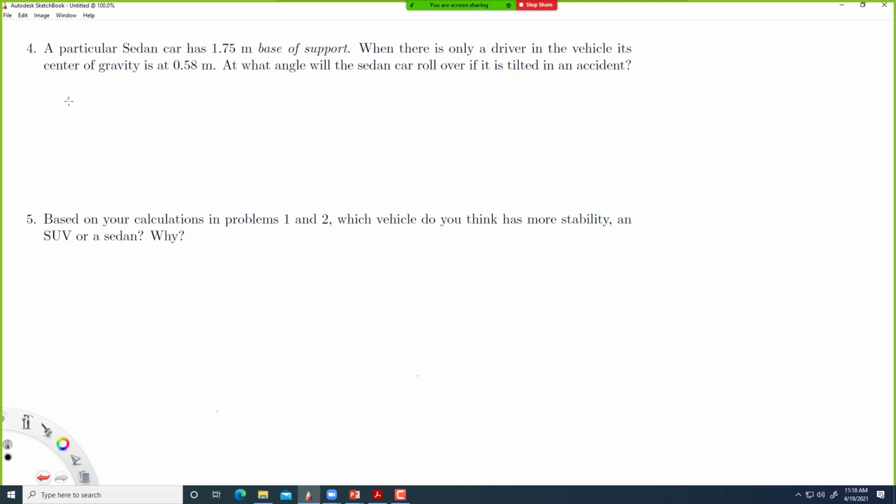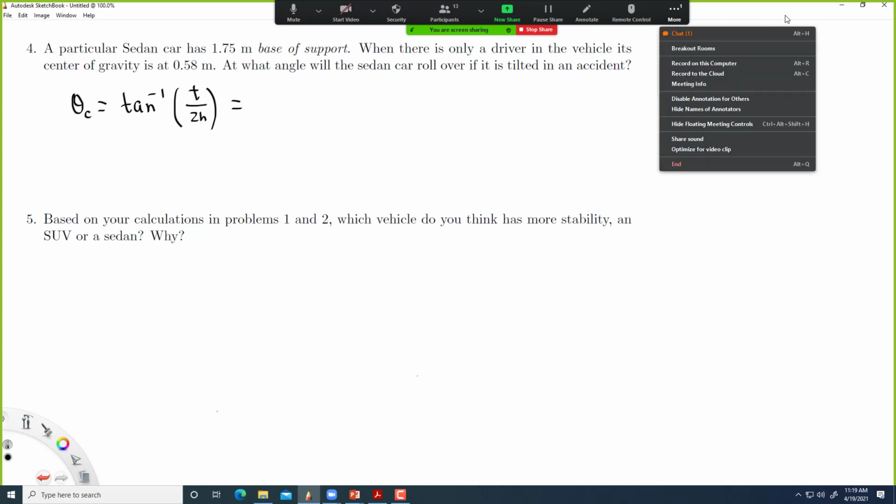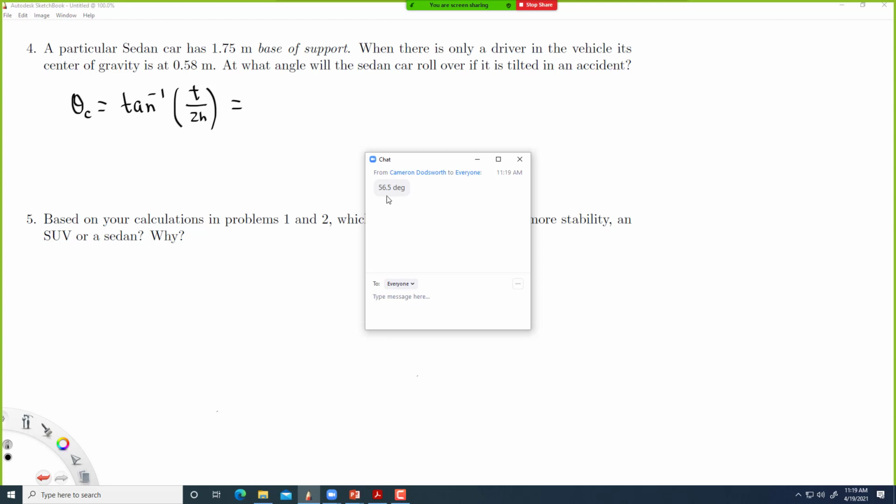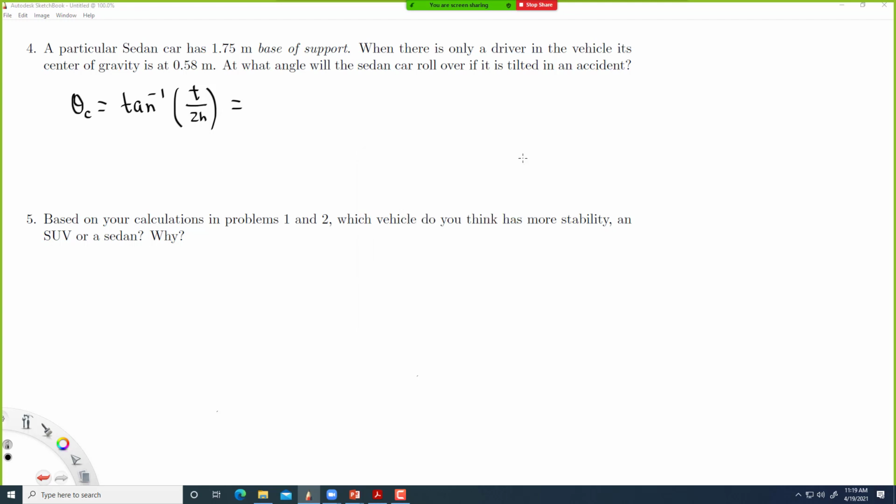So tell me what theta c is for this one. Okay, so Cameron said it's 56.5 degrees. So do you guys have the same answer or different answer?